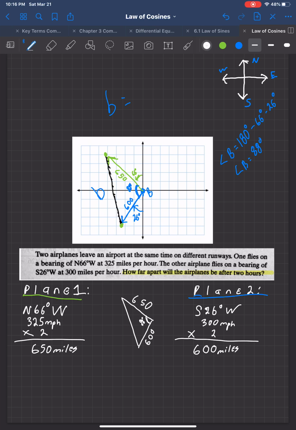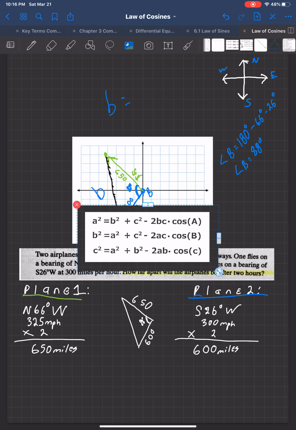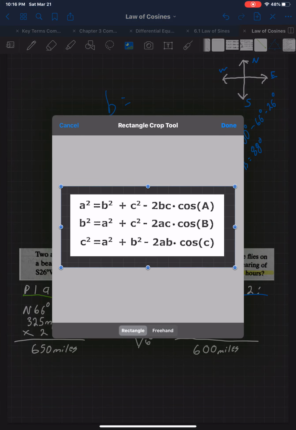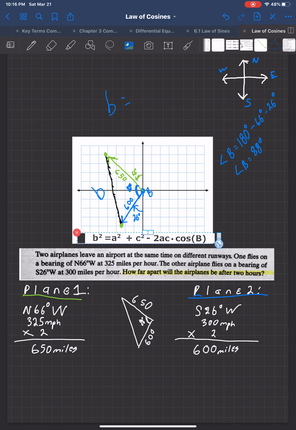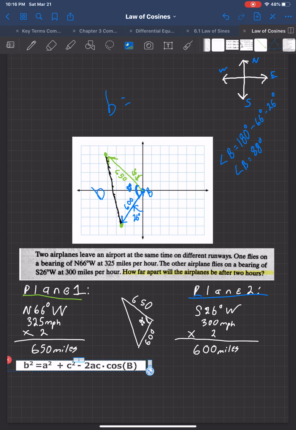All right, well, let's finish this up. Let's wrap it up. So if I take my law of cosines formula, and since I've labeled it B, let's go ahead and start plugging in some information. Ready? Let's do it. So I have B squared is equal to A squared.